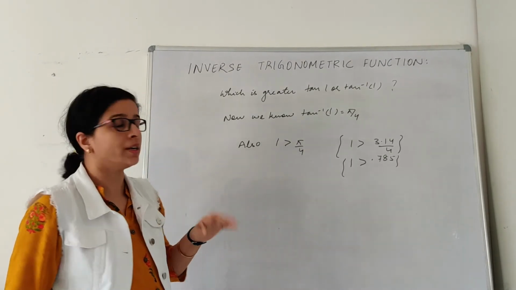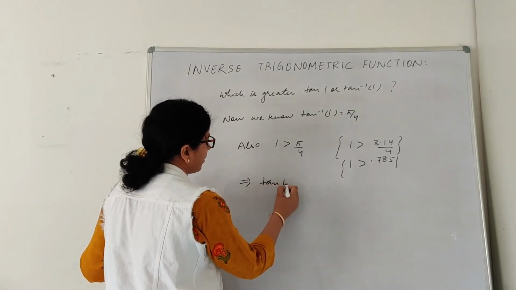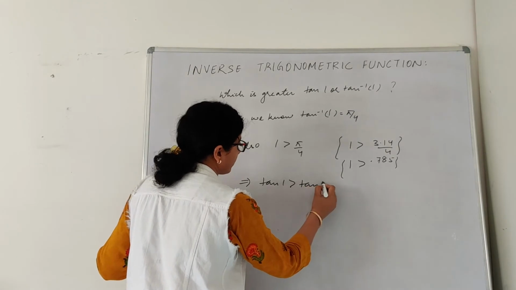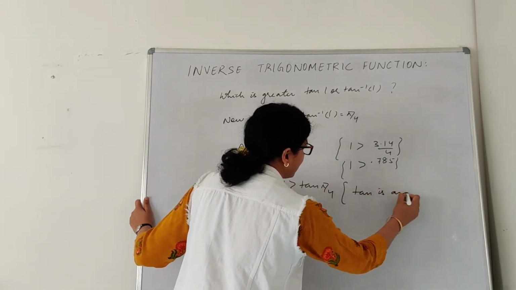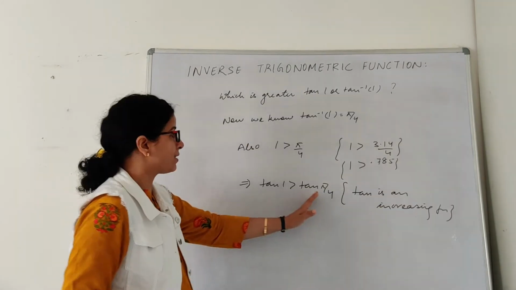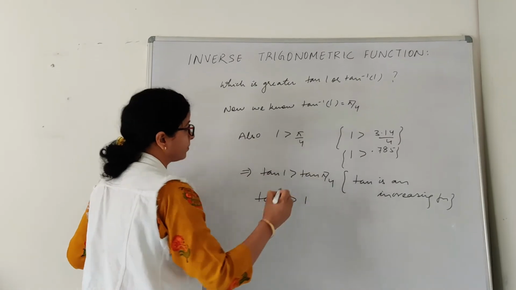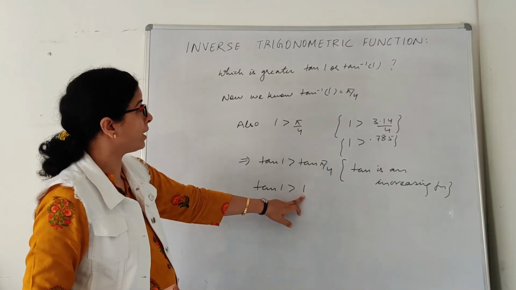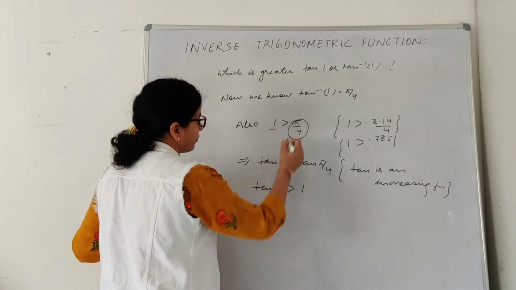Is that clear? So now, what does that imply? Tan 1 will be greater than tan pi by 4. Why? Because tan is an increasing function. Tan pi by 4 is what? 1, right? And my 1 is greater than pi by 4.